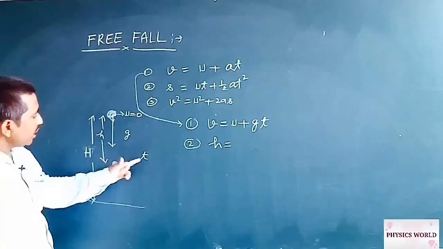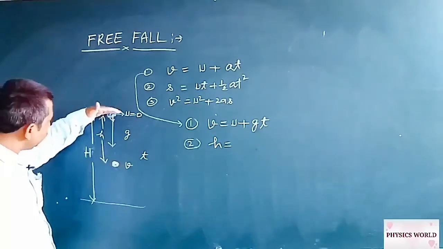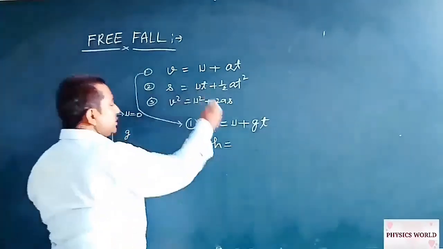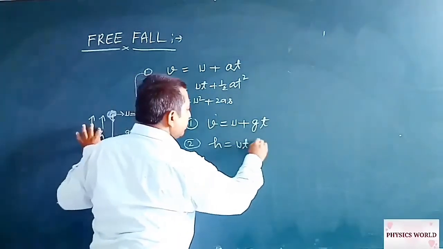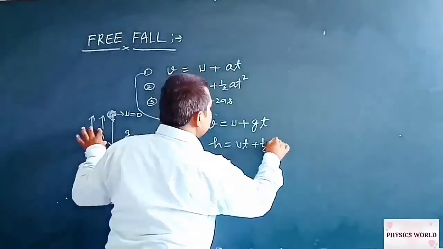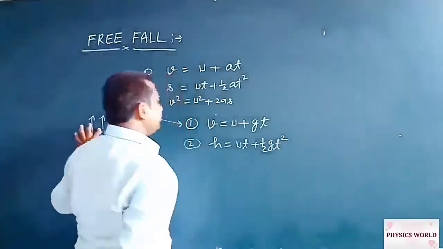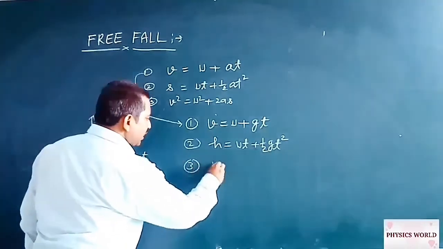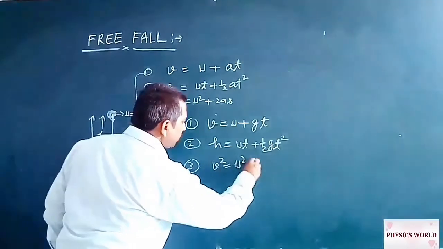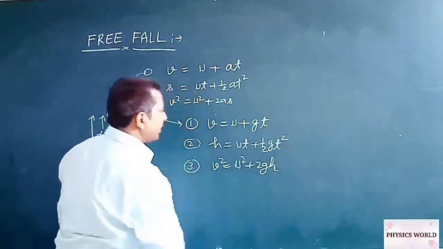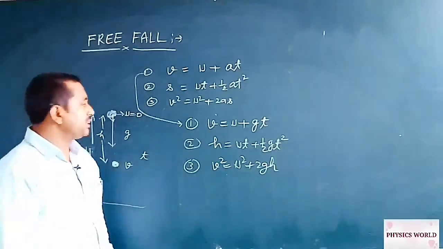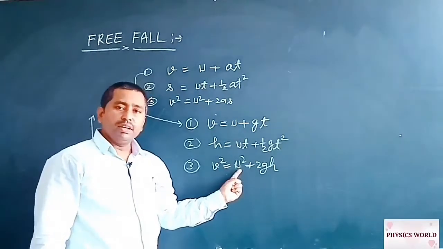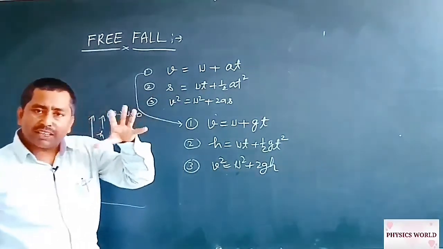Then this h can be expressed in terms of u, t and g, like h equal to ut plus half of gt square. Okay, this is the equation. The third equation is v square equal to u square plus 2gh. Okay, so with the help of all these three equations we can easily solve different types of numerical problems.